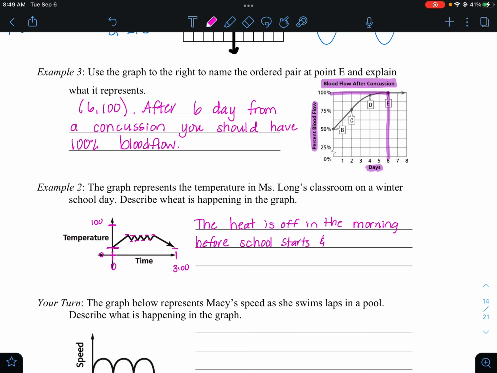Okay, so that's what I mean by fluctuating throughout the day. And then at the end of the day, what happens? It gets turned off.